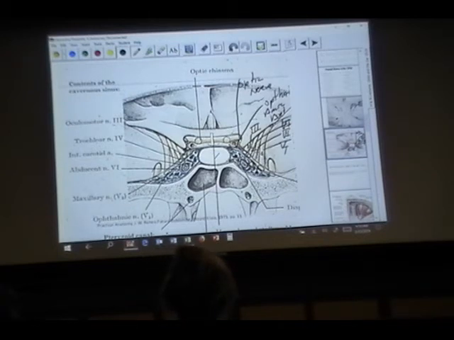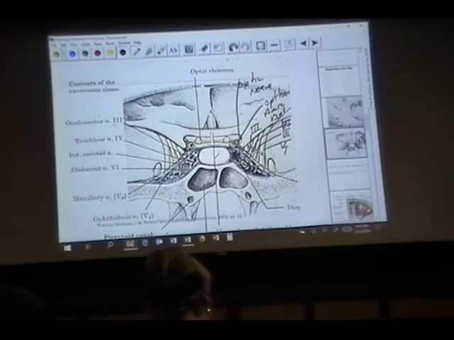What's this venous mass in here? What's that called? Venous mass. Cavernous sinus.